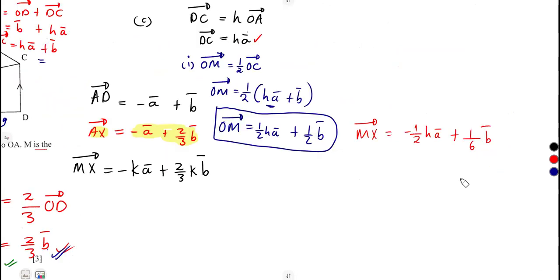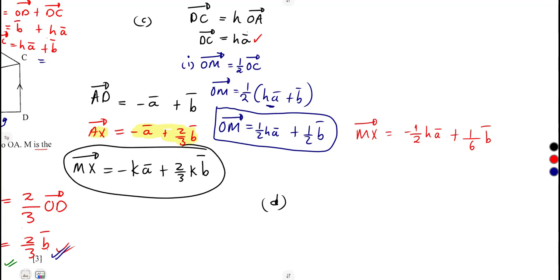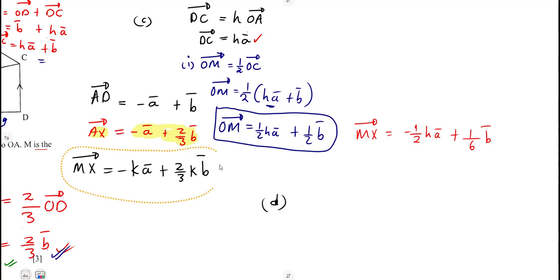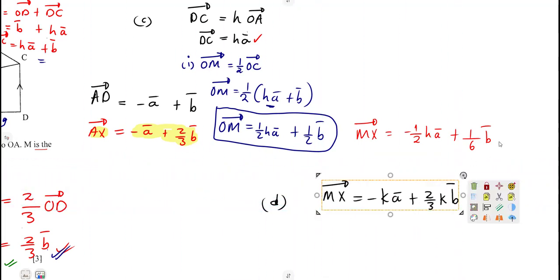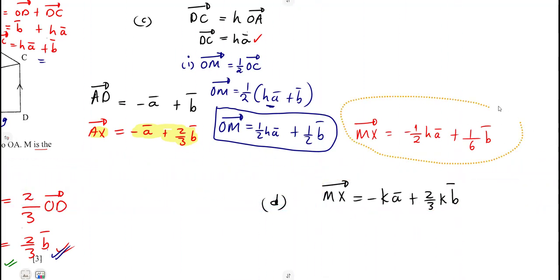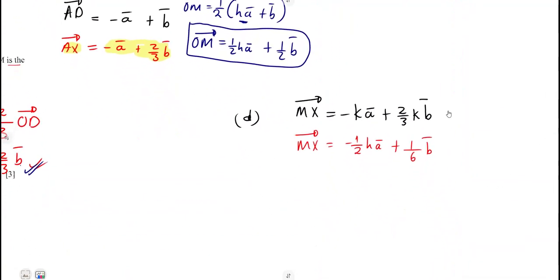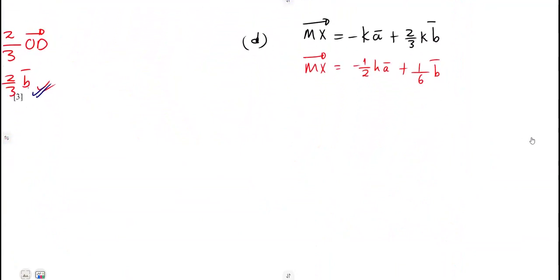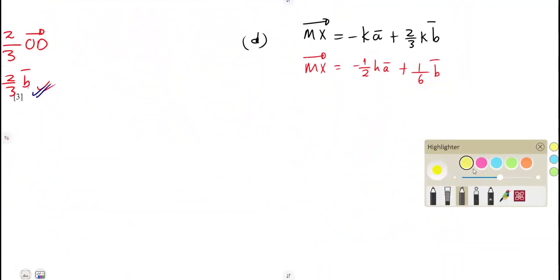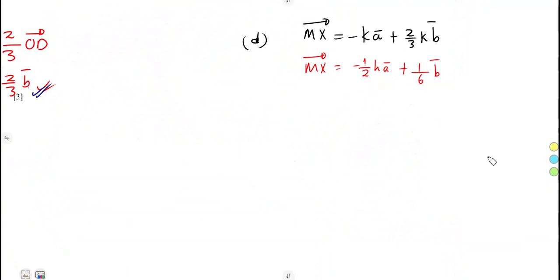So that is what you need on this part D. So we're simply gonna equate the MX that we obtained, the first one here, all right? This was the MX that we calculated, remember? And the MX that we calculated, the second one, this one. These two, they are equal. So you take those two. Remember what I said about equal vectors. So you equate them in that manner. Solve the equations that you're going to formulate.